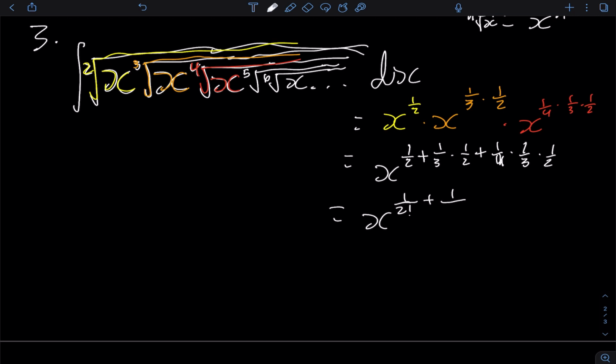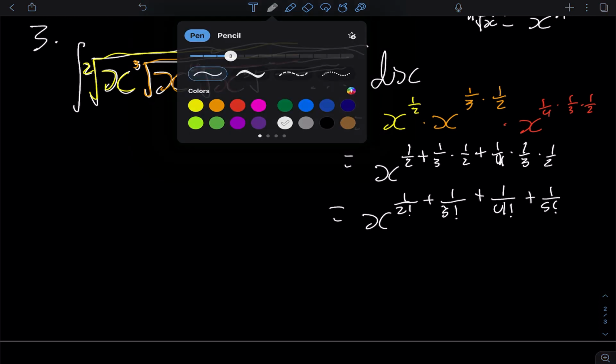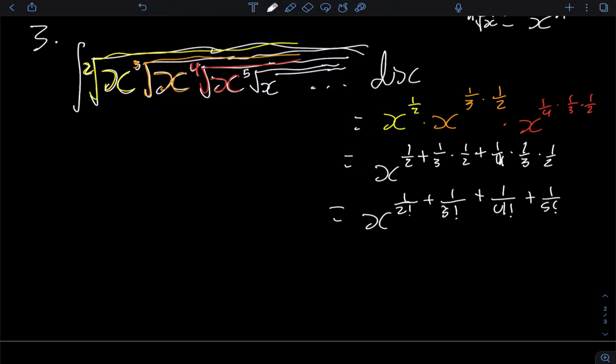and then we can guess the next term will be 1 over 5 factorial, and that checks out because we have the fifth root, and I forgot to put in x here, so this is the fifth root of x, and then multiplied by the sixth root of x, of course. So yeah, and here that is going to be 1/5 multiplied by all of the previous radicals here.